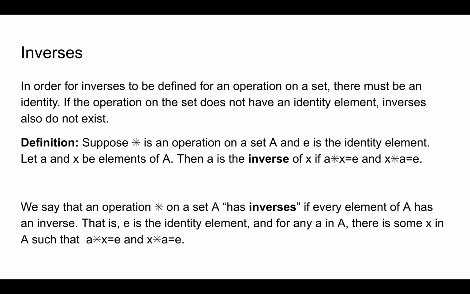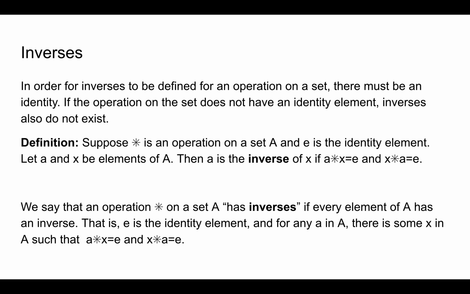So let's define this now. Suppose that star is an operation on a set A, and E is the identity element. Let A and X be elements of A. Then A is the inverse of X if A star X is equal to E and X star A is equal to E. So if A operated with X in either order gives the identity element back, then A and X are inverses of one another.